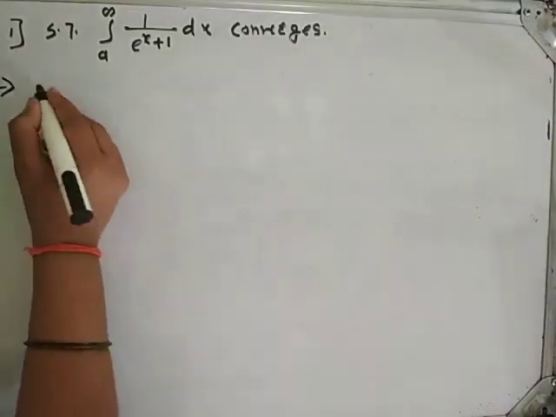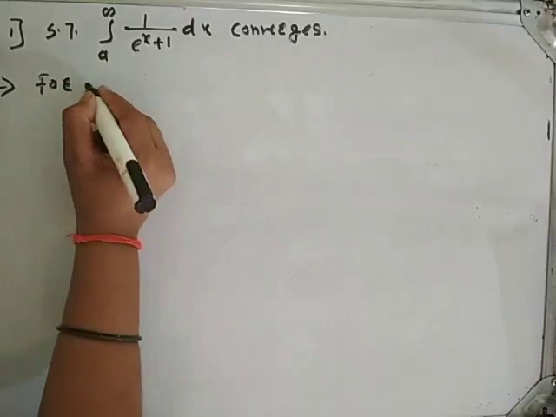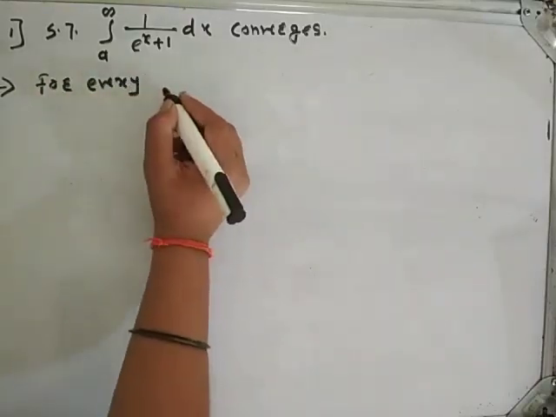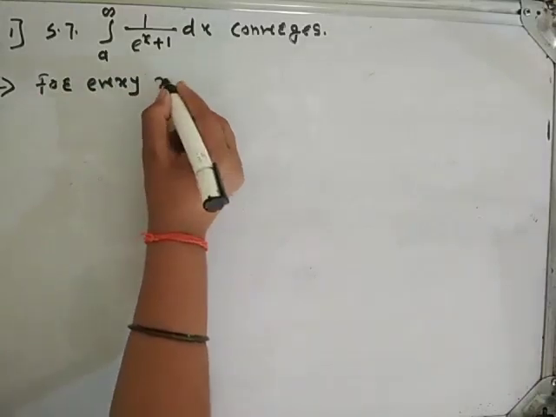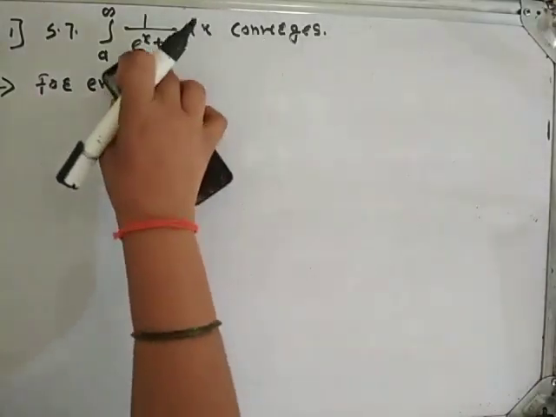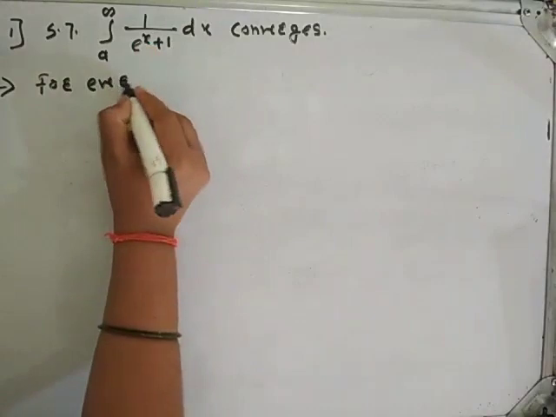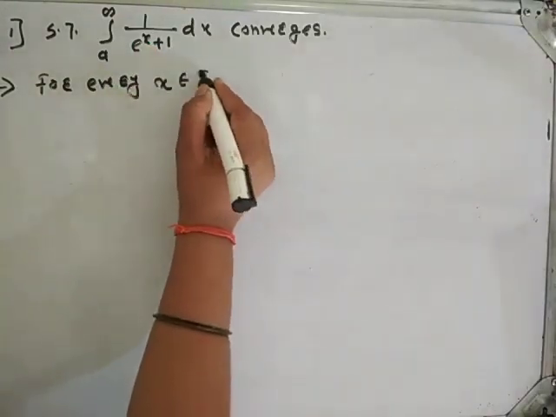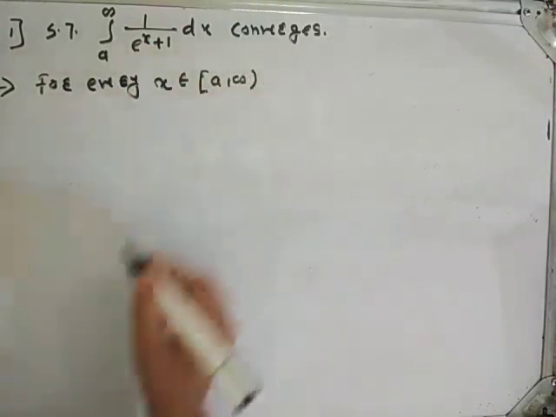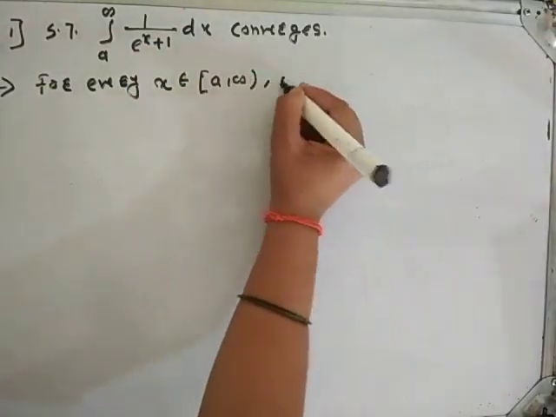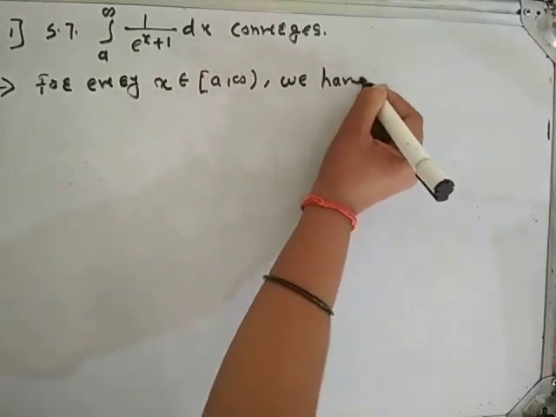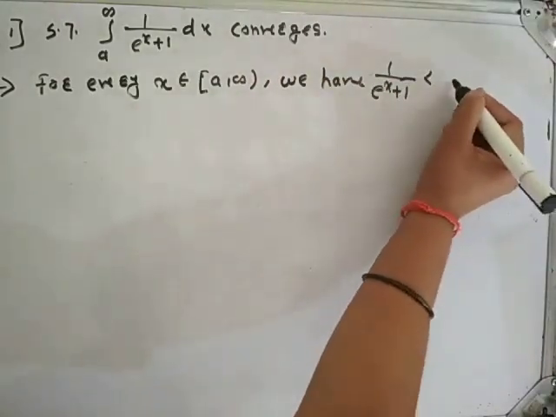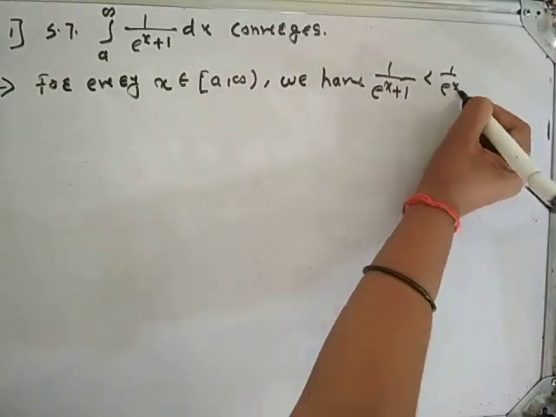Solution: for every x belonging to the interval closed at a, open at infinity, we have 1 upon e raised to x plus 1 is less than 1 upon e raised to x.